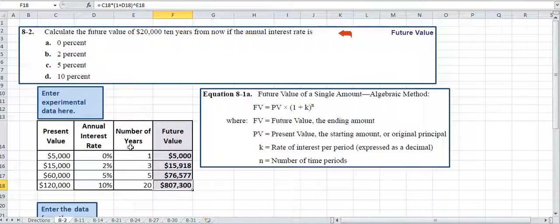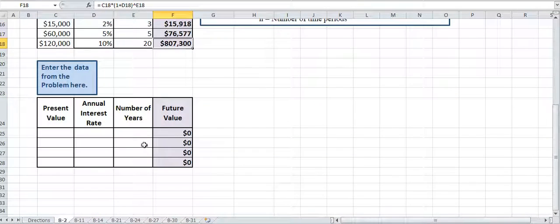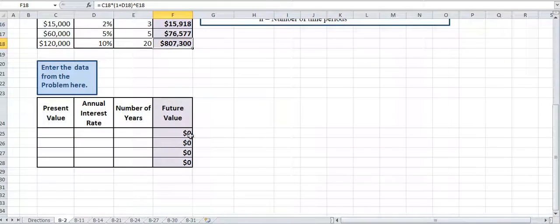You want to put your present value here, and I've just put in random values, 5, 15, 60, and 120,000, and then you can put whatever rates of return you want here, and whatever number of years you want right here. And then make sure that in the second one down here where it says enter the data from the problem, you put in the data that you're given in the problem to get your correct answers right here.